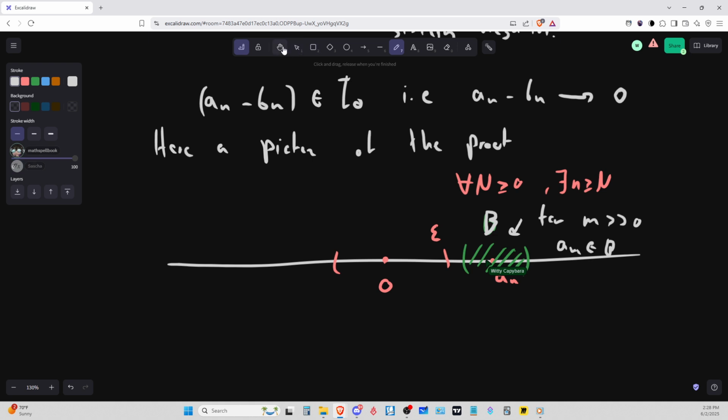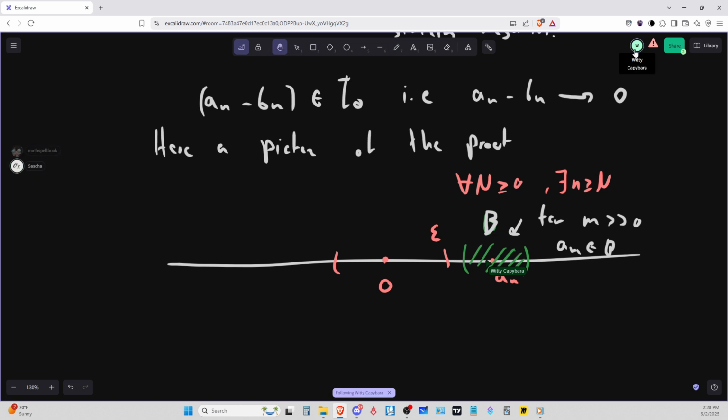But as we already mentioned a few times, the notion of convergence and Cauchy sequence doesn't care about the first terms. As I said, they are always troublemakers.